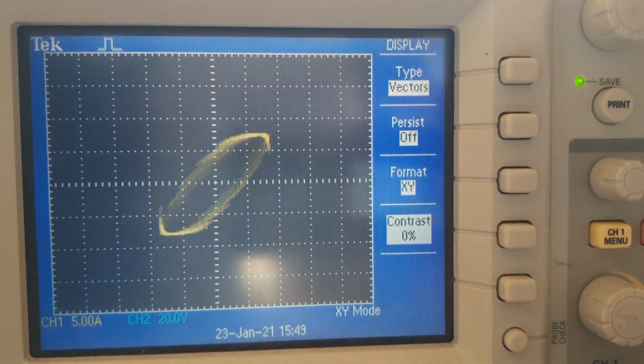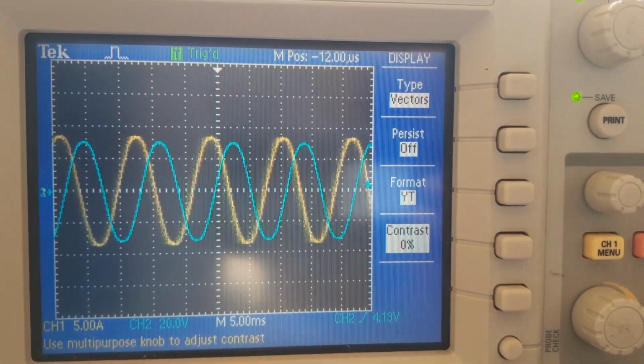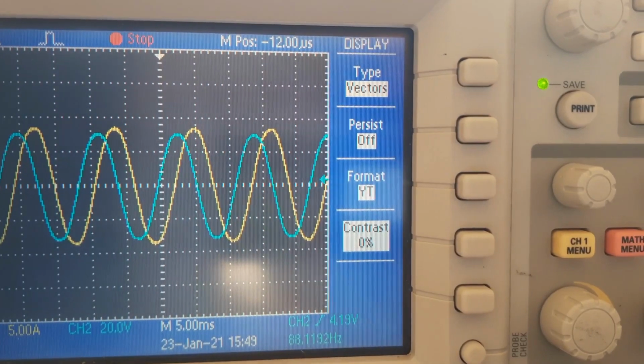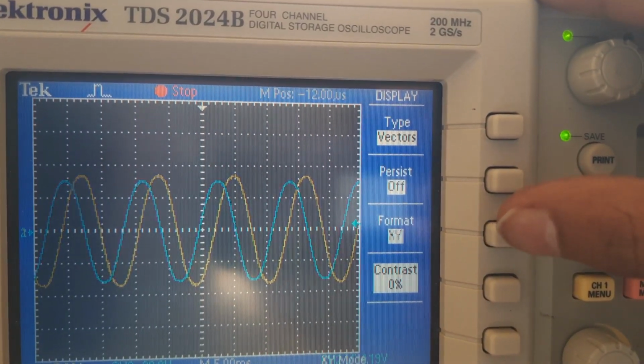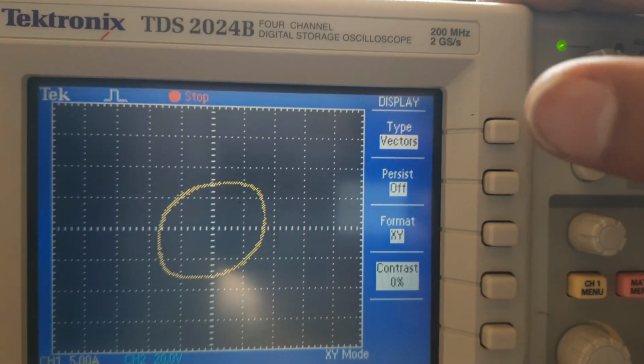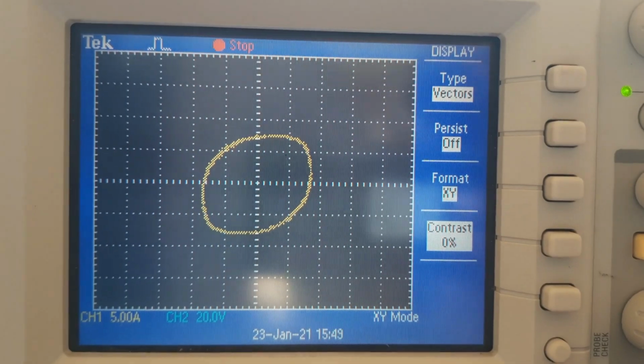Let me hold this for just a minute. Suppose this is around 90 degrees, so you must get a circle. It is near 90 degrees, okay, so you are getting a circle here.